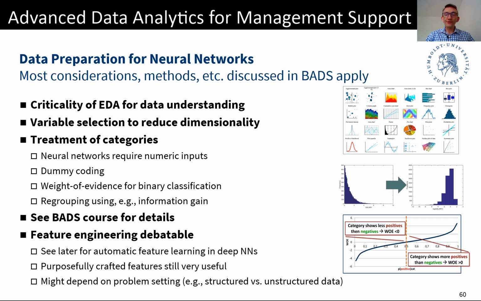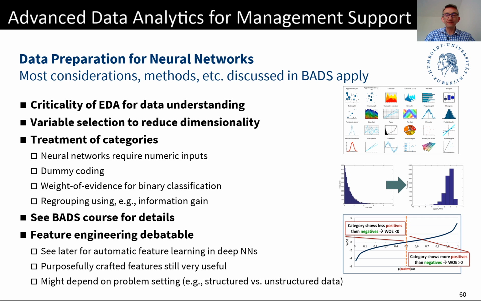Then we have categorical data that can be a pain to work with. Neural networks cannot process categorical data in its raw format. You might need to use dummy coding, which on the other hand increases the dimensionality a lot. So you could use weight of evidence coding that we learned about in business analytics and data science to avoid this growth in dimensionality when you encode categorical variables.